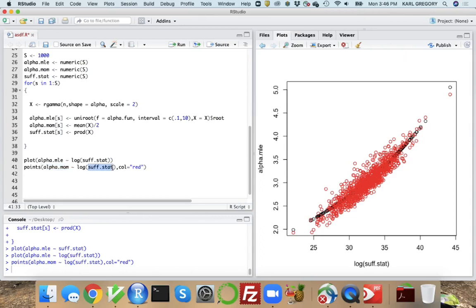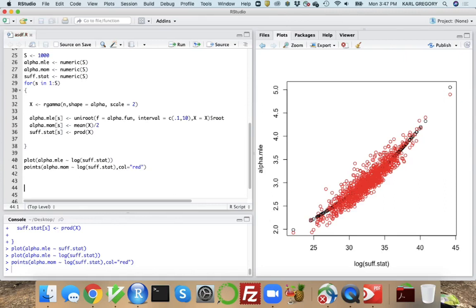The sufficient statistic contains all the information in the data about the parameter, but the method of moments estimator goes its own way, and you come up with some different values. So I think this is interesting to show that even though I cannot write down the function which relates the sufficient statistic to the MLE for alpha in a nice way, I can see a picture of that function by making this plot.